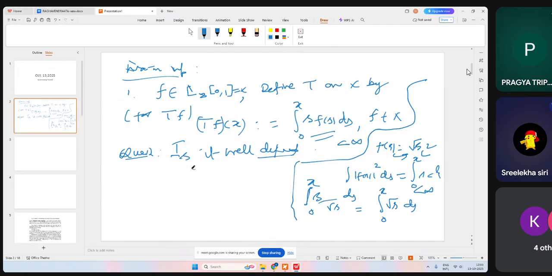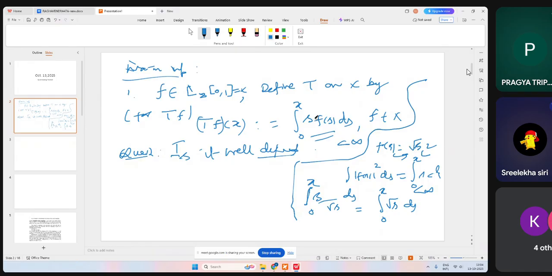Why is this integral finite? What is the integral of root s? Sir, 2 by 3 s power 3 by 2. Is it finite or not? Finite, sir, if s belongs to the interval. Yes, that has to be checked, right?